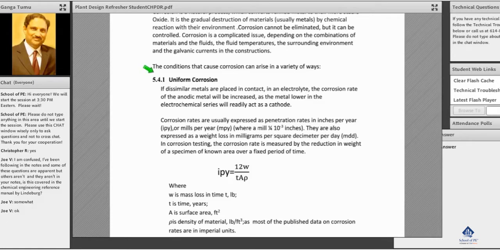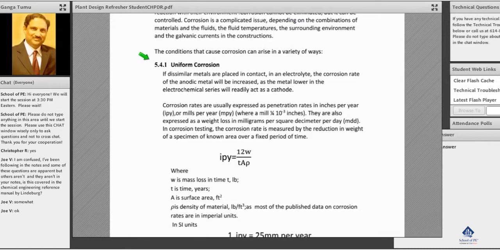Corrosion conditions come in many different ways. Those are temperature, surroundings, galvanic currents and so on. These create the corrosion: how it happens, what the rate is, and the different kinds of systems involved.